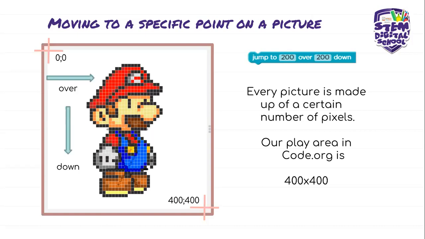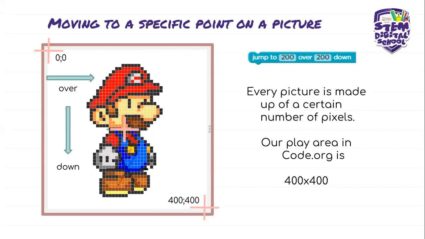Now, if we tell our code, jump to 200 over and 200 down, we will go 200 blocks this way, and then 200 blocks this way. Seeing that our entire image is 400 by 400, 200 by 200 will be right there in the middle.